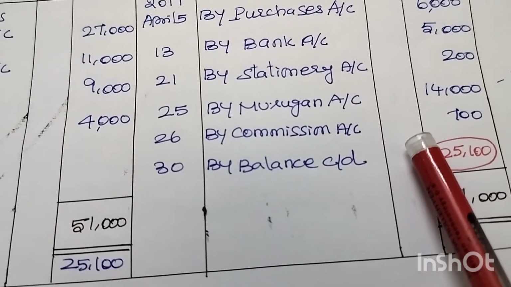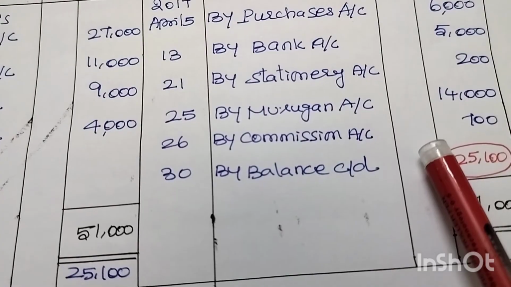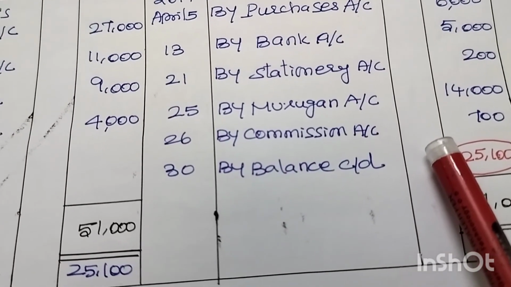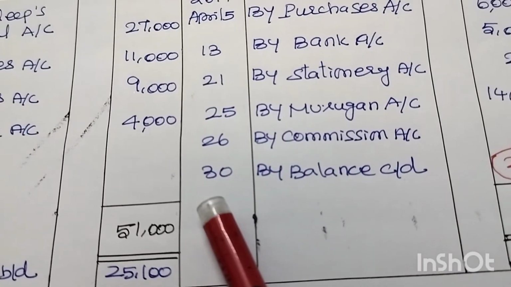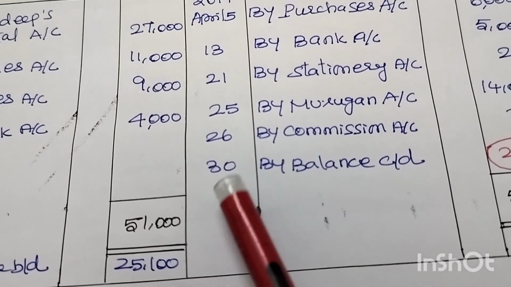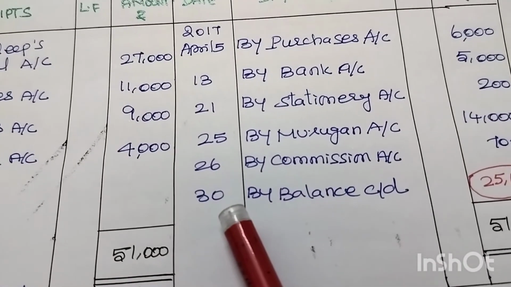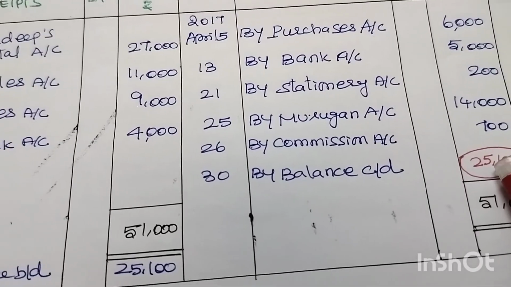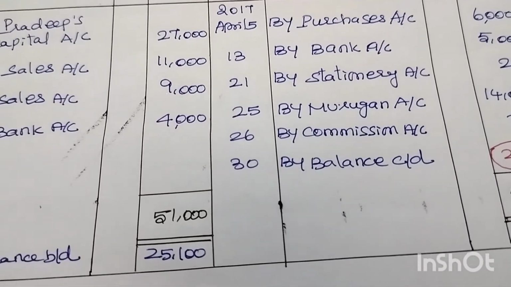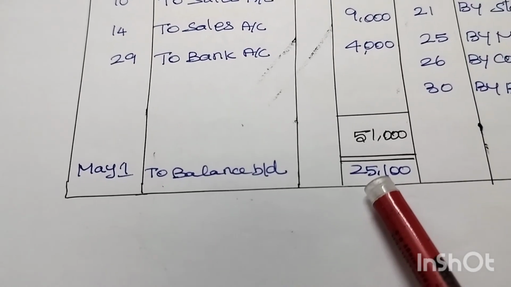Okay, so balance carried down is to be entered into the payment side against the difference, and in the date column, the last date of the accounting period is entered. The last day of the accounting period is April 30.